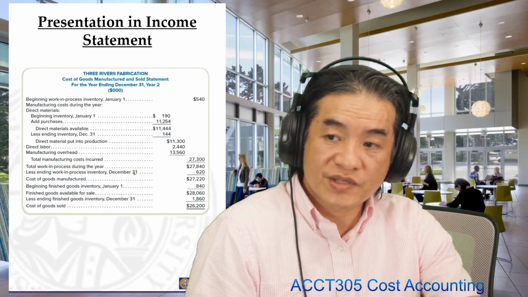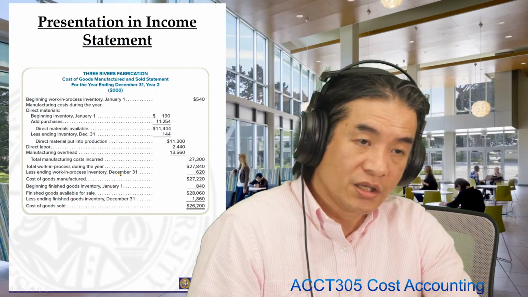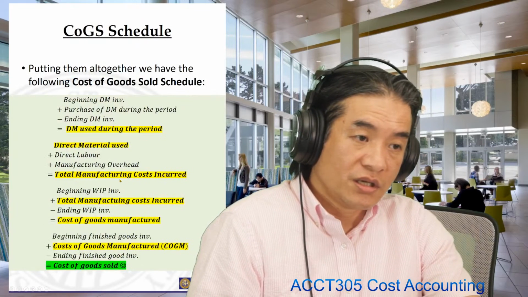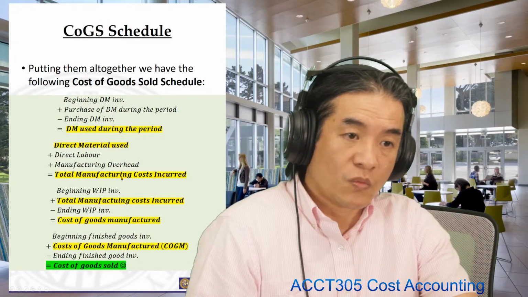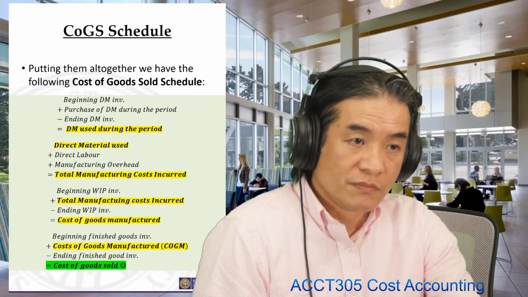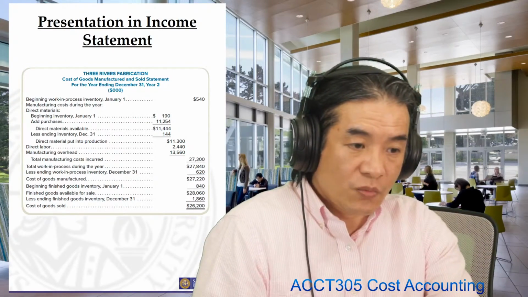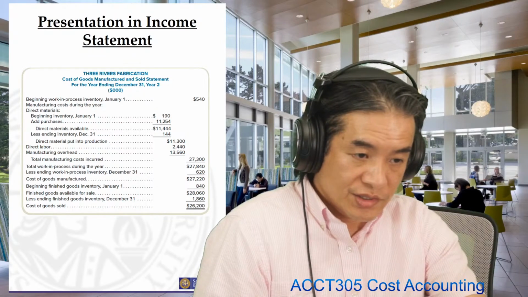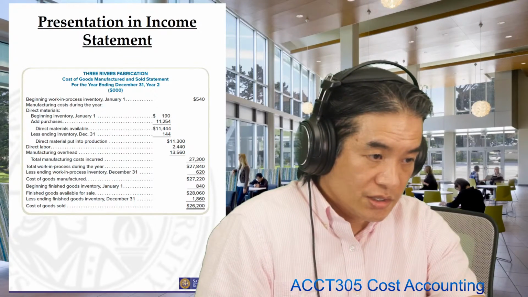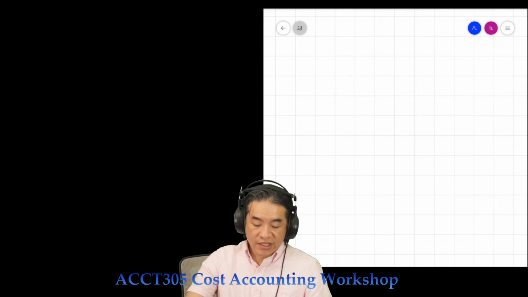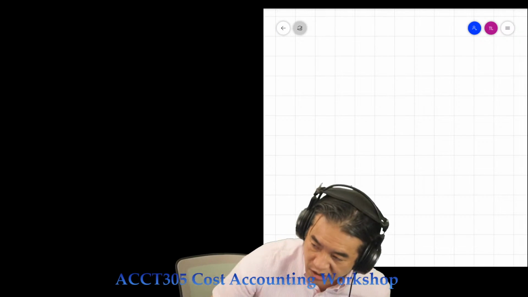But if you were to see this directly without looking at this, it's probably very difficult to understand what is really going on behind the scenes. So an easier way to understand this is by looking at T accounts, a series of T accounts.